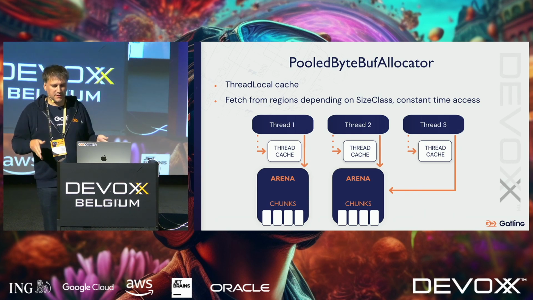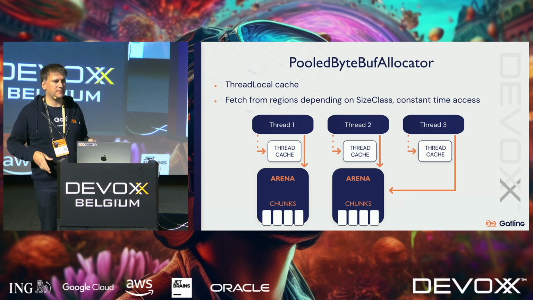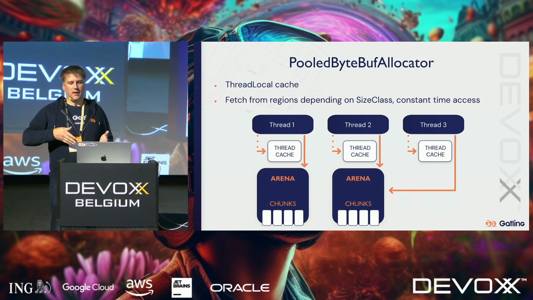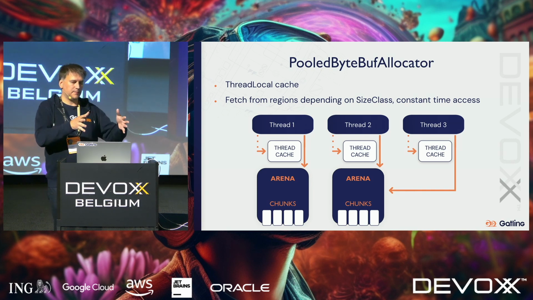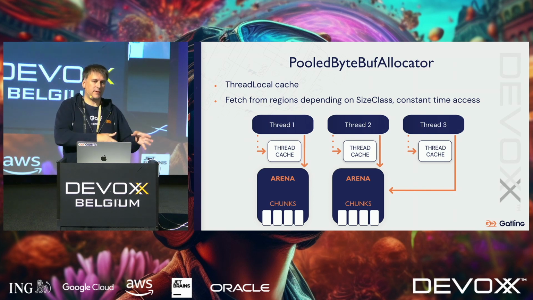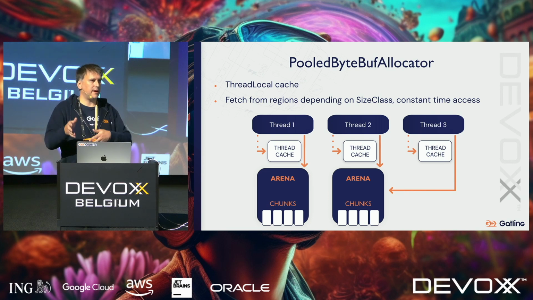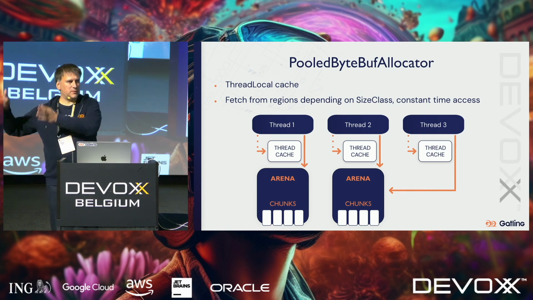But what's interesting to understand here is that the underlying memory is sharded into blocks and grouped by size classes. It means that there is, for example, some memory that would be available for small buffers up to 8 bytes, then from a different range, then from a different range.